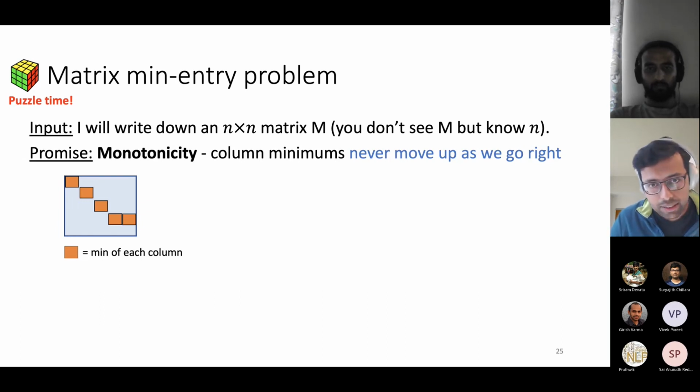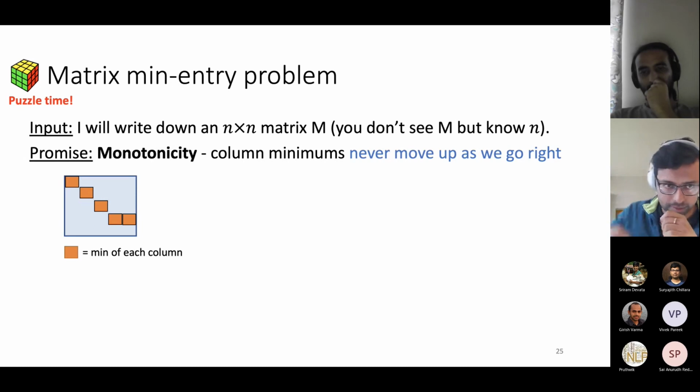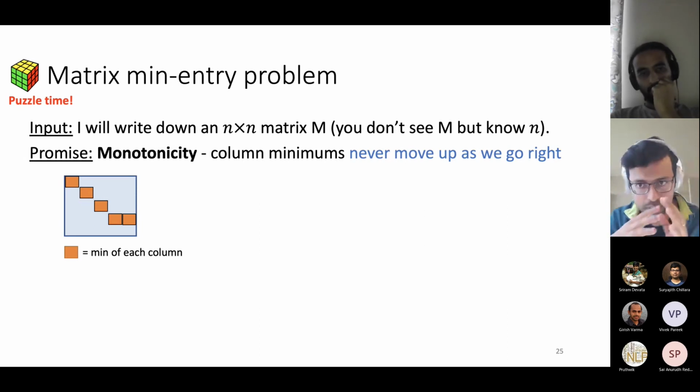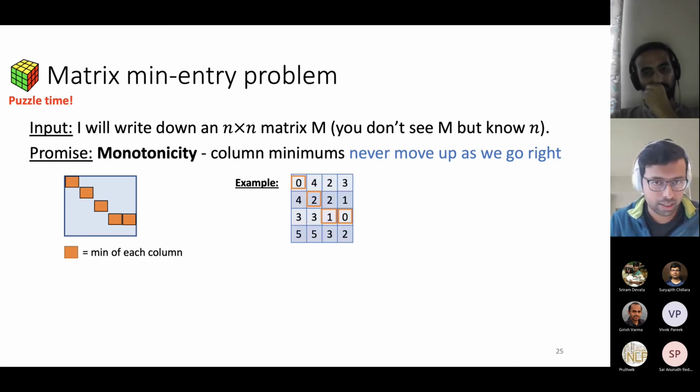What that means is that if you look at the minimum entry of every column, and you start from the left and go to the right, the column minimums never move up in the row space. So they form a sort of staircase. The picture over there exemplifies this. This is a monotone matrix, and here is an example.